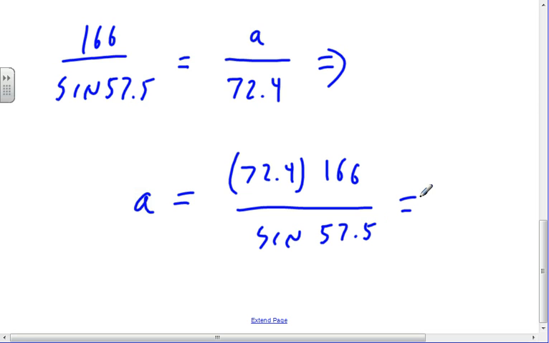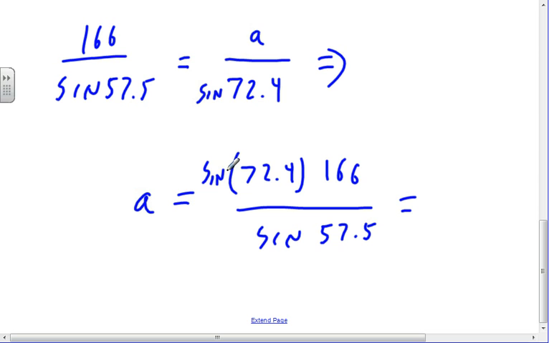All right, so for little a, we're going to cross multiply. Sine 72.4 times 166 divided by sine 57.5. Who left the sine off of this? How am I supposed to get the right answer if I don't put sine on there?